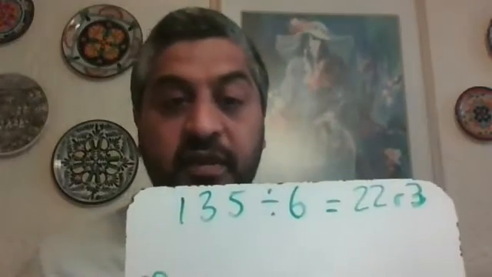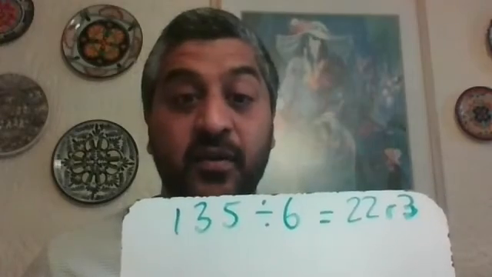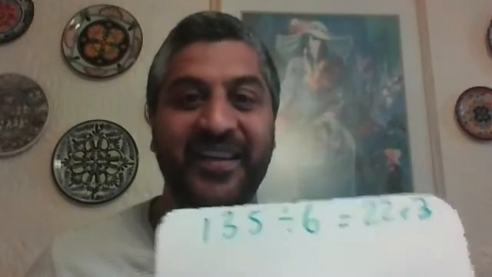So I've got my answer of 22, remainder 3. Hopefully that makes sense to you, okay? So my answer to 135 divided by 6 is 22, remainder 3.